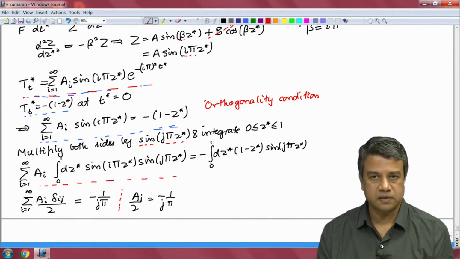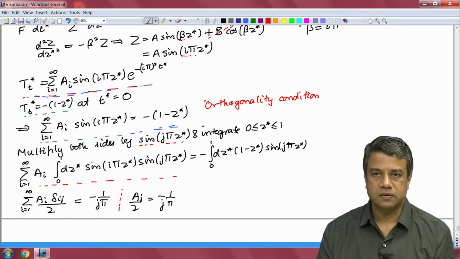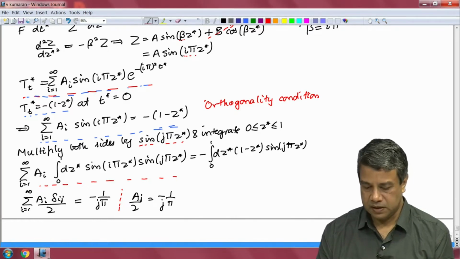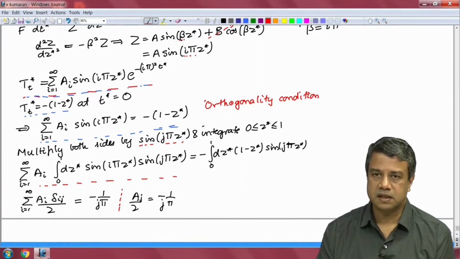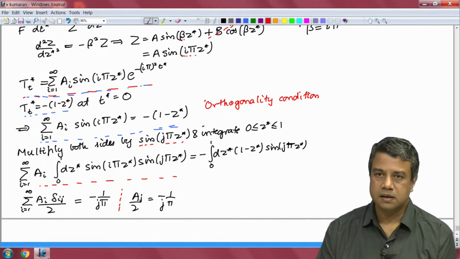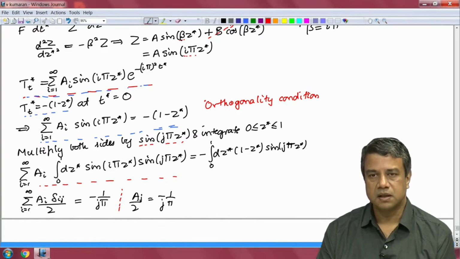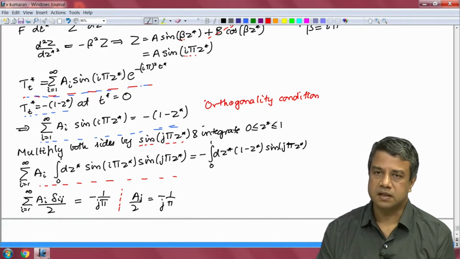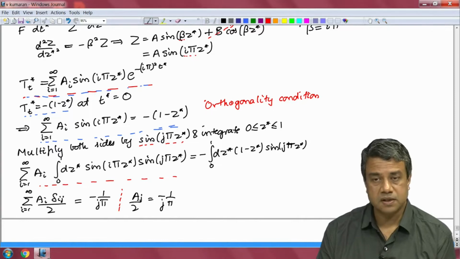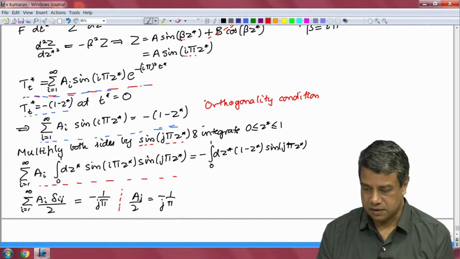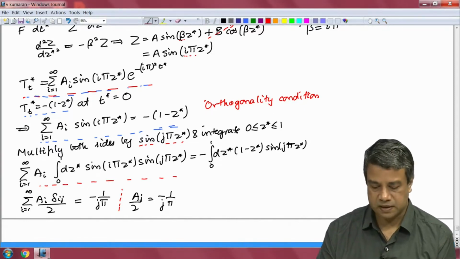In other words, these functions sin I pi z and sin j pi z, when integrated from 0 to 1, are orthogonal to each other. The integral is non-zero only when I is equal to j, and it is equal to 0 whenever I is not equal to j. So, that was the orthogonality condition for the left side.